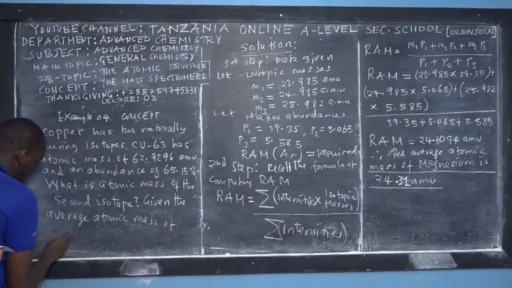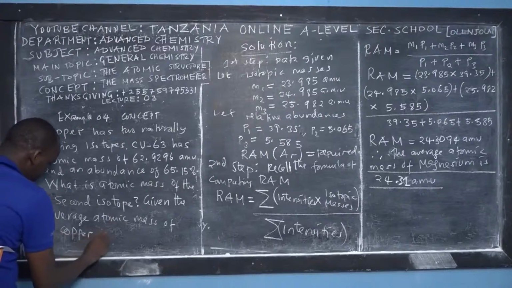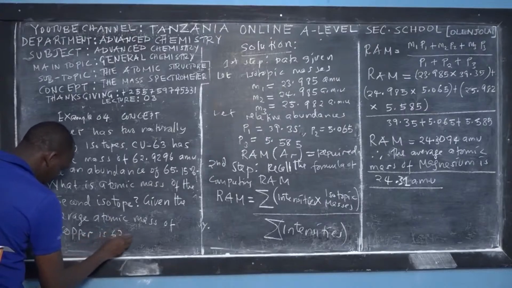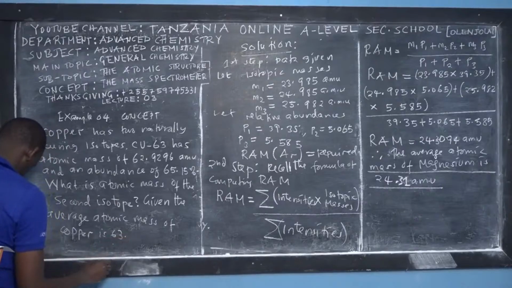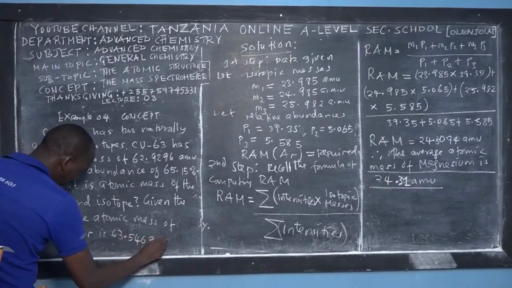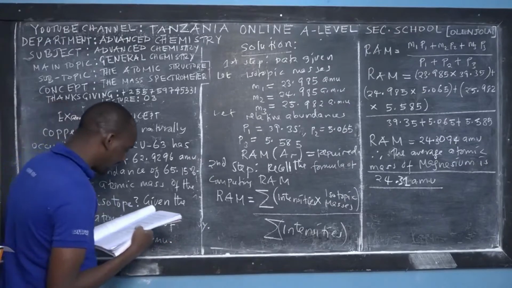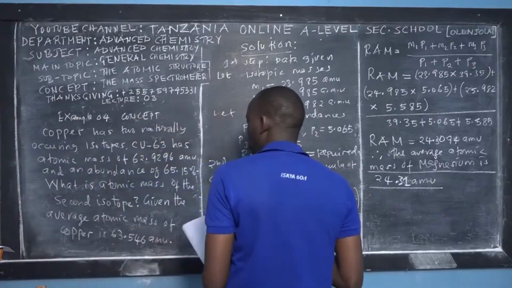So given the relative atomic mass of copper is 63.546 atomic mass unit, we have to find the atomic mass.